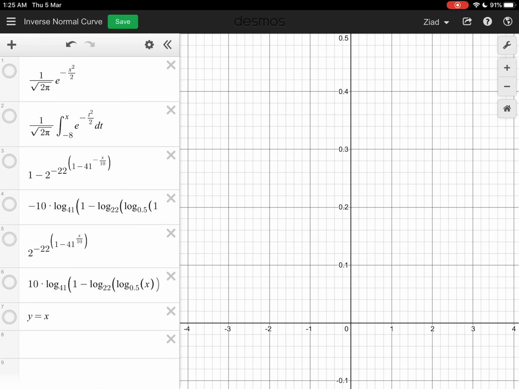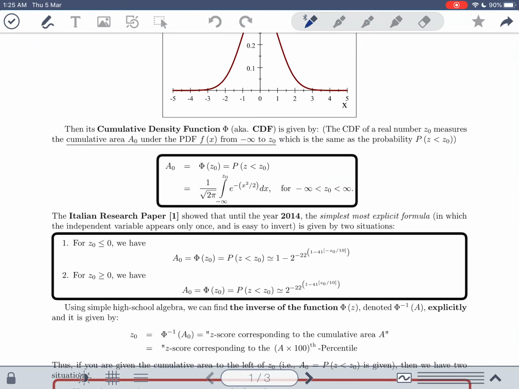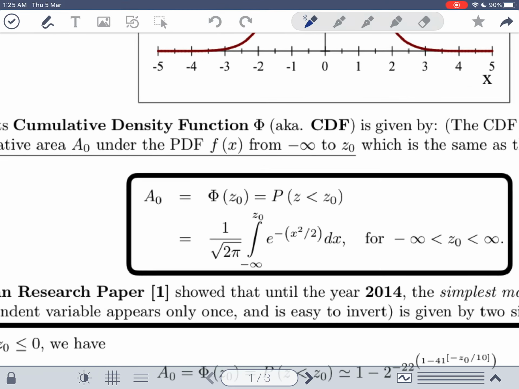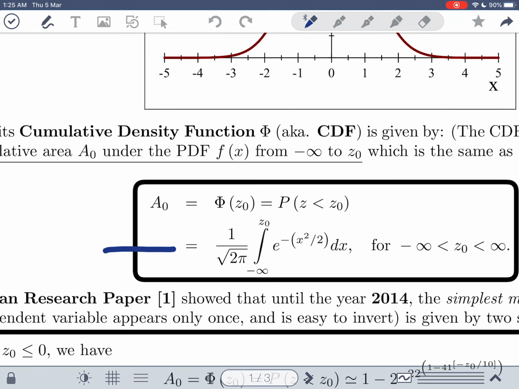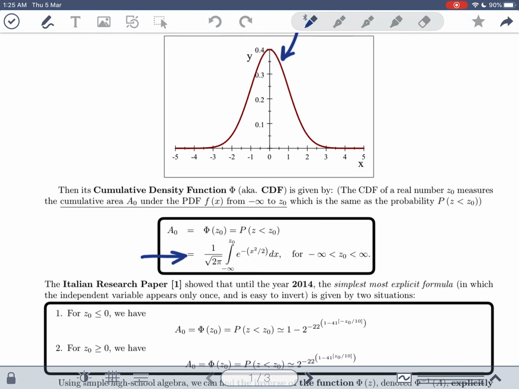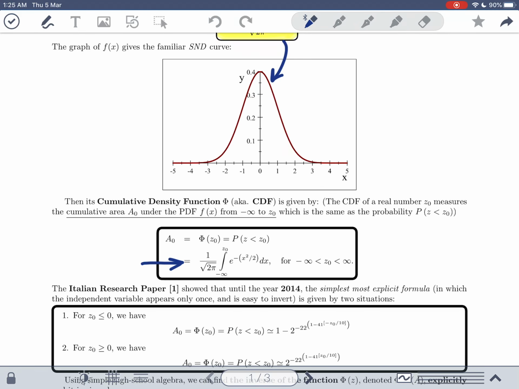Now the second formula that you see is the cumulative density function, or they call it the CDF. I'm going to show you here. We define it here. The CDF of the standard normal curve is the area up to a point.